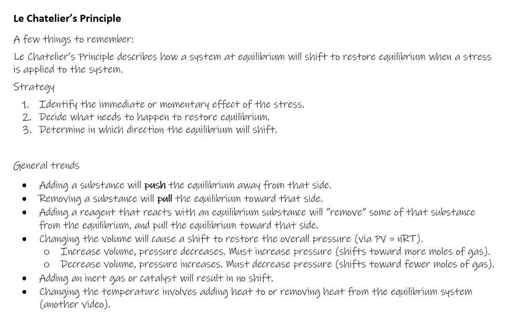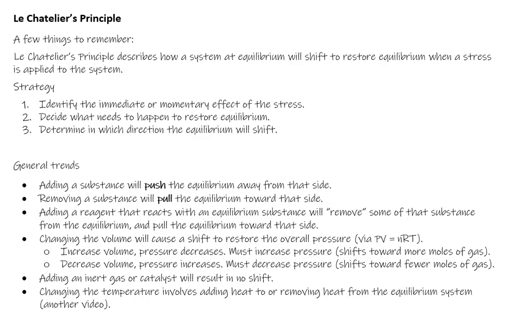Since the immediate effect is that the overall pressure decreases, then the equilibrium needs to adjust to counteract that effect, and it will shift in the direction to increase the pressure. According to PV equals nRT, if we increase the moles of gas, the pressure will increase. So the shift is toward the side with more moles of gas. And you determine this by adding together the balancing coefficients for the gaseous substances only.